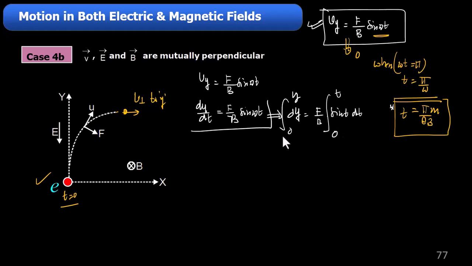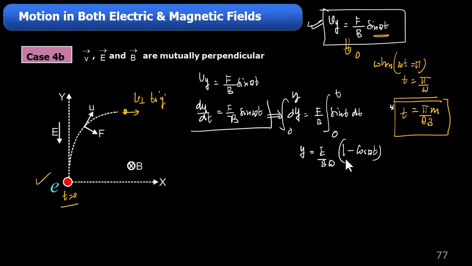If I integrate it, y equals E by B into 1 by omega into 1 minus cos of omega t, if I put the limit. So this is the variation: E by B omega into 1 minus cos omega t.